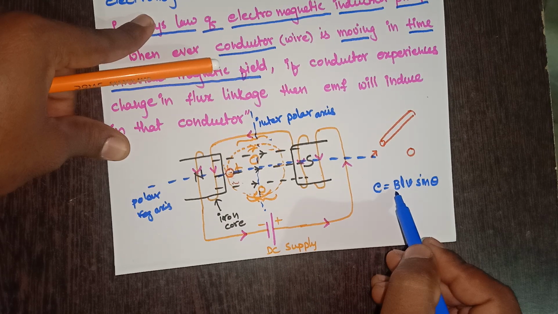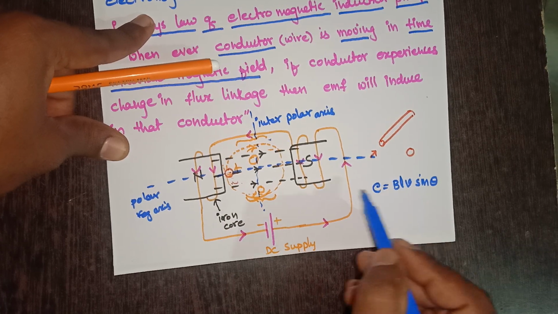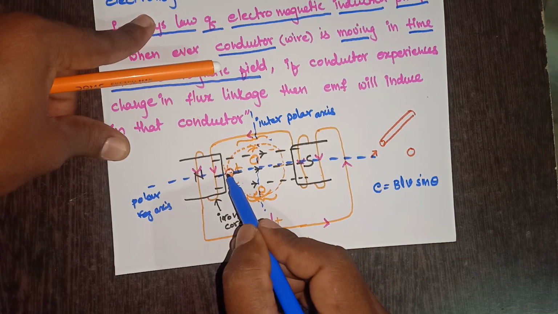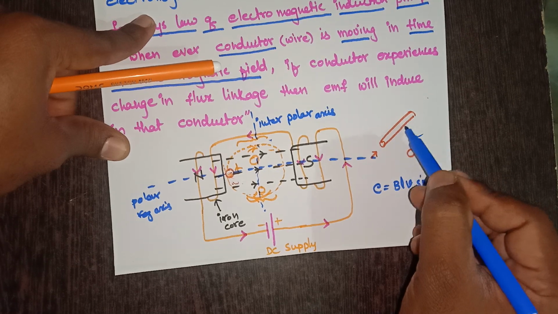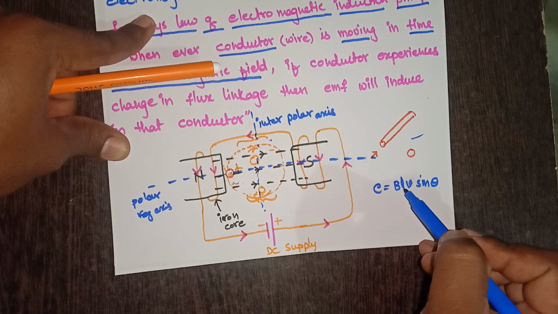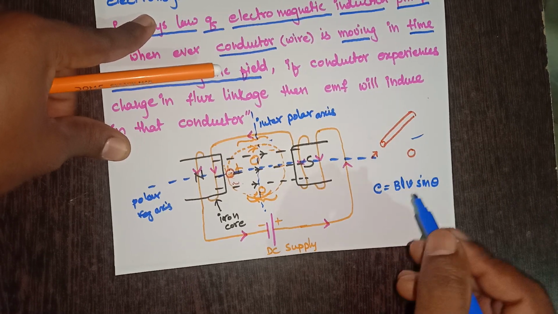Here B is the maximum flux density, L is the active length of the conductor. This is the conductor, and it is going to have some active length, so that is the active length of the conductor, and V is velocity, right?